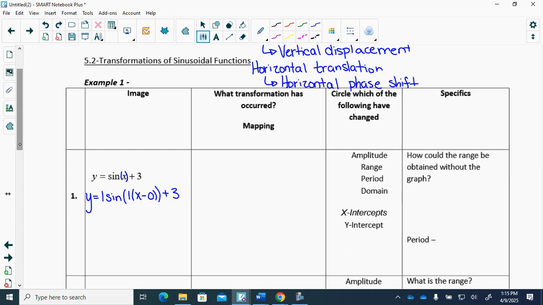So what's the only thing that happened here? Vertical displacement. And the y's always stay the same. So vertical displacement, 3 units what?